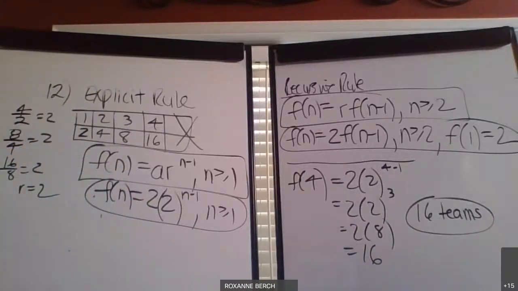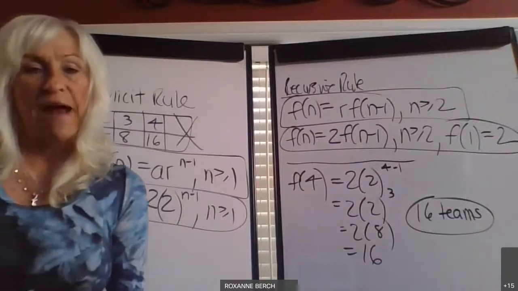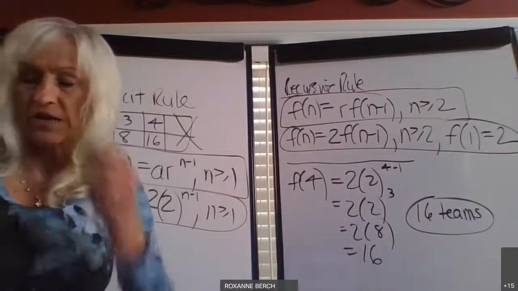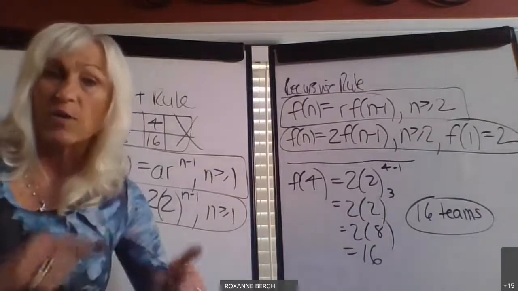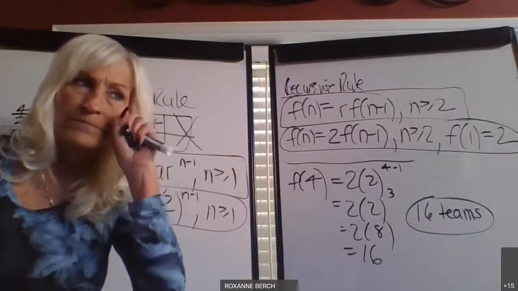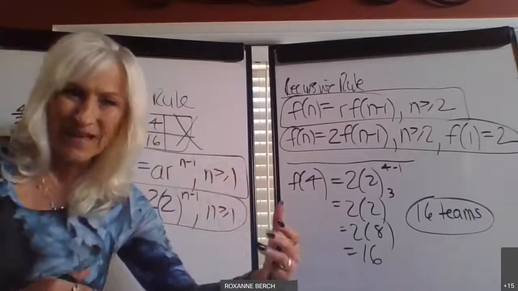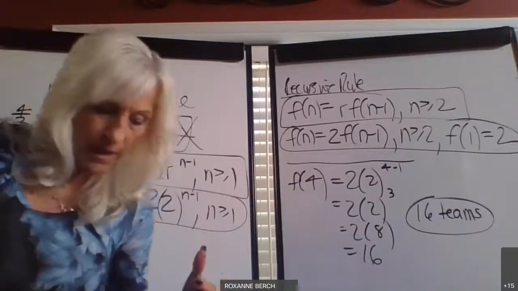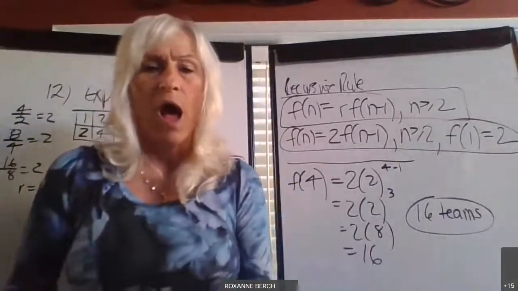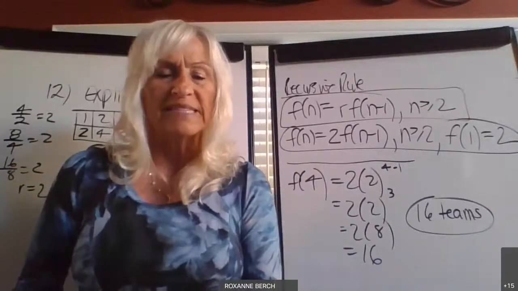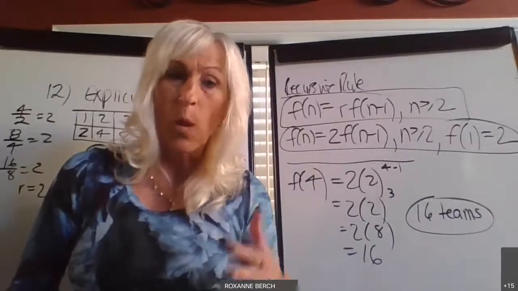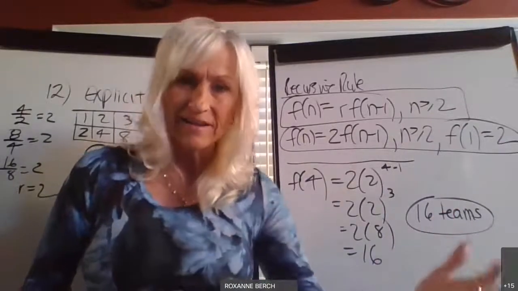And then in problem number 15, that is a fractal, and a fractal repeats itself. So if you notice, you start with a triangle, and then you have 3 triangles, and then you have 9 triangles. That's called a fractal. Those are somewhat new in math. It's anything that repeats itself, like the ocean, the waves, the tide.